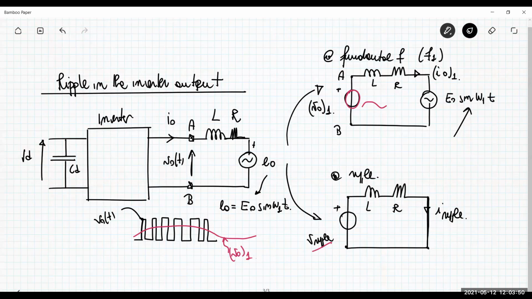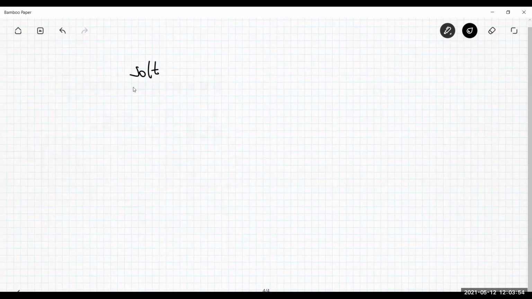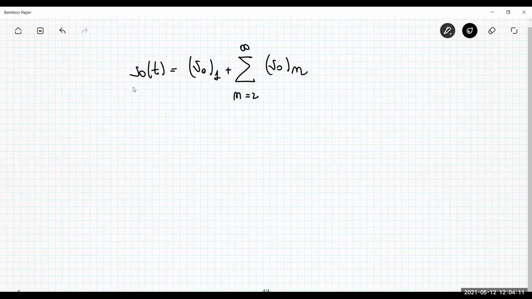So we can write that V0(t) is the sum of the fundamental component plus an infinite sum of all other harmonics. And the same happens for the current.